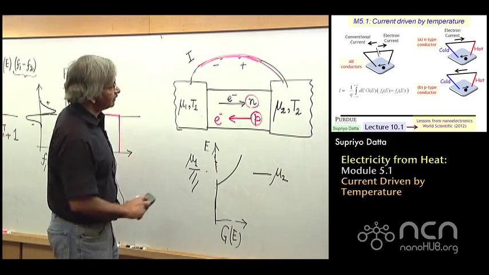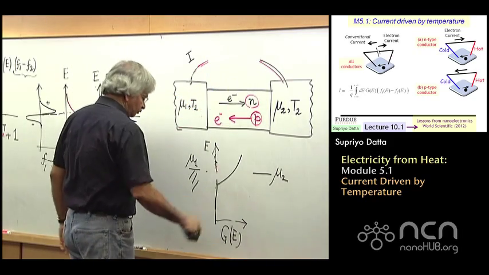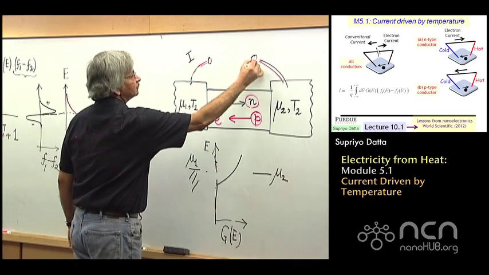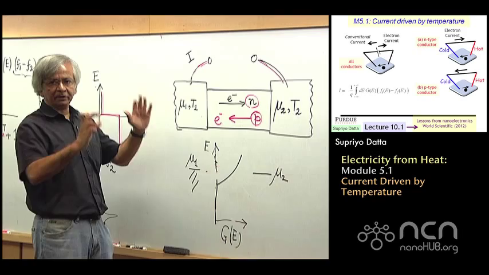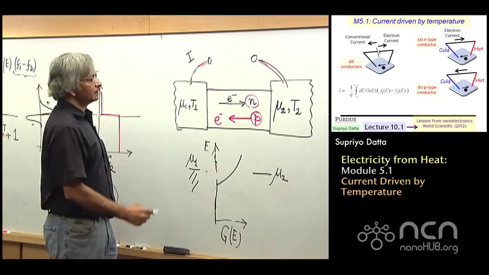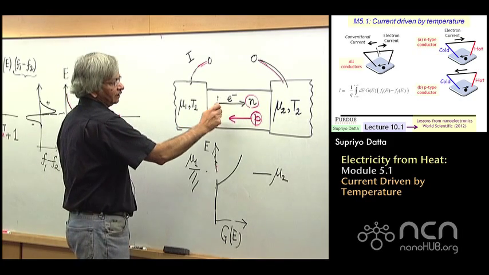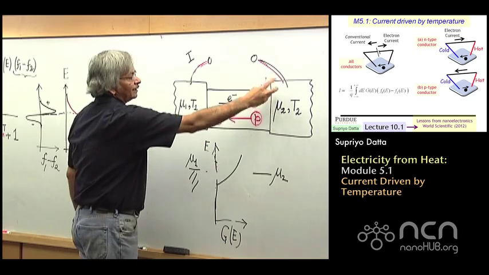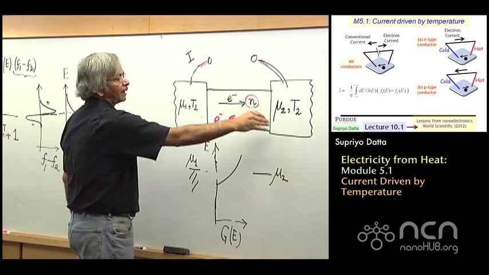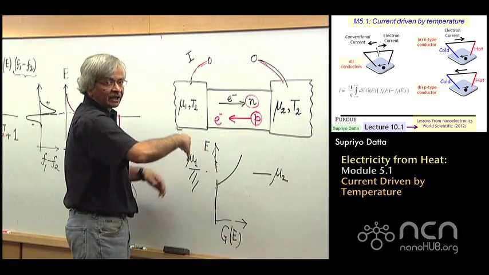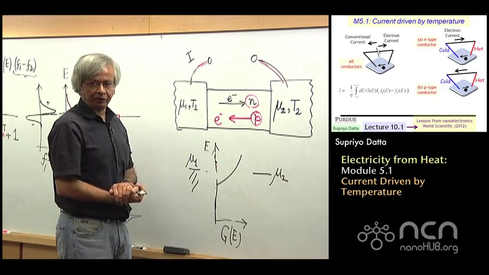Now, if instead we left it what electrical engineers would call open-circuited, that means we just left it open, we don't allow a current to flow, then what would happen is, in N-type material, electrons would go from left to right and would pile up on this side, raising the mu a little bit so that eventually current would stop flowing.